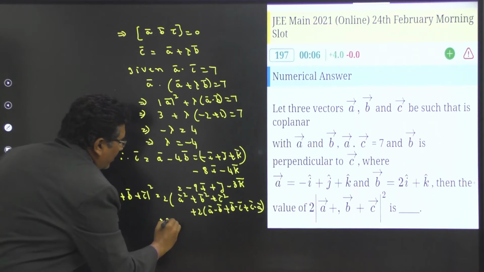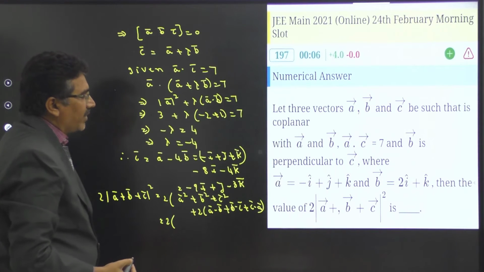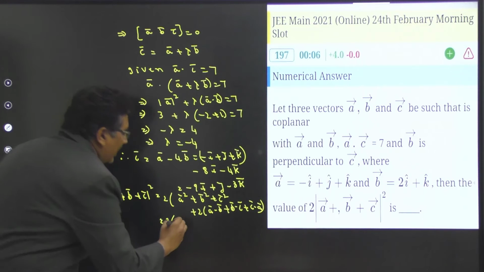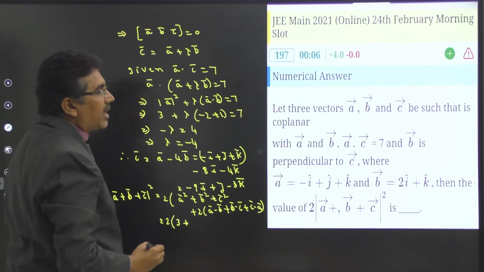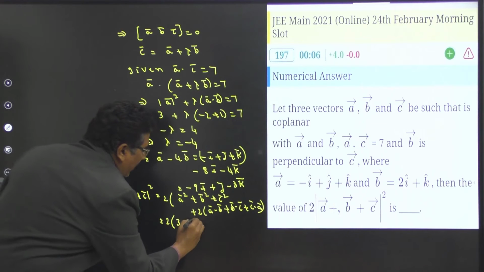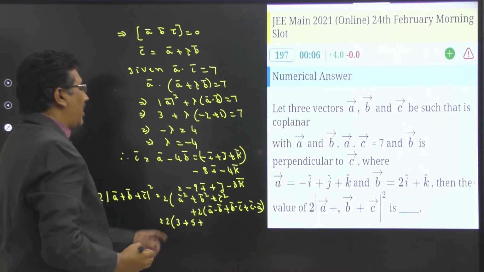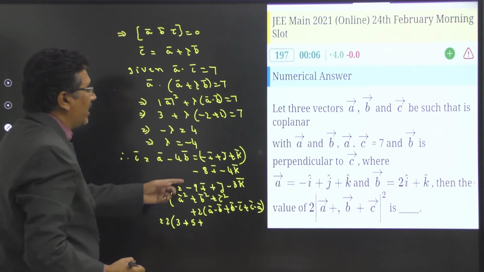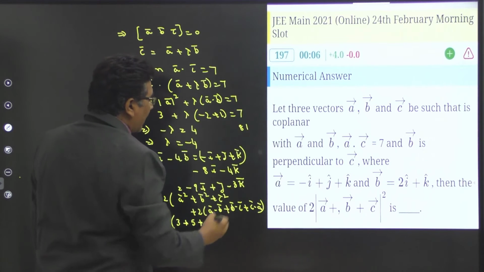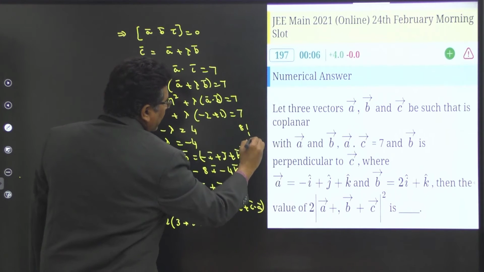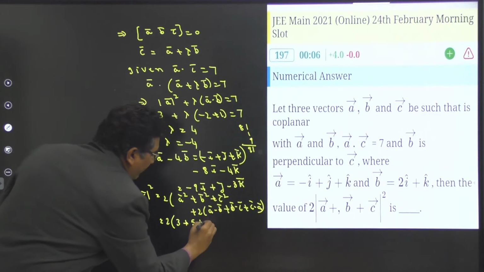That is equal to, what is mod a bar square? Mod a bar square is equal to 3. What is mod b bar square? That is equal to 5. What is mod c bar square? Mod c bar square is equal to 9 square, that is 81, plus 1 plus 9, that is equal to 91.